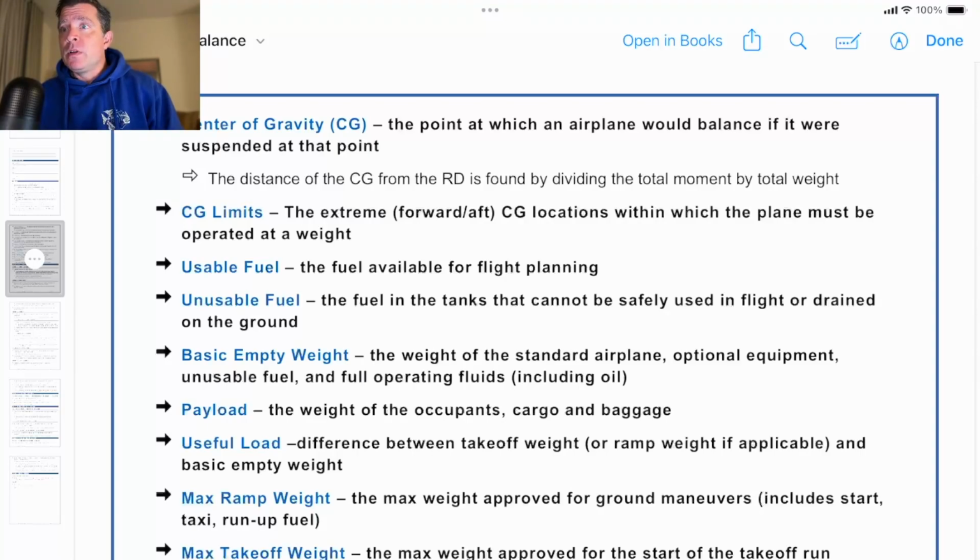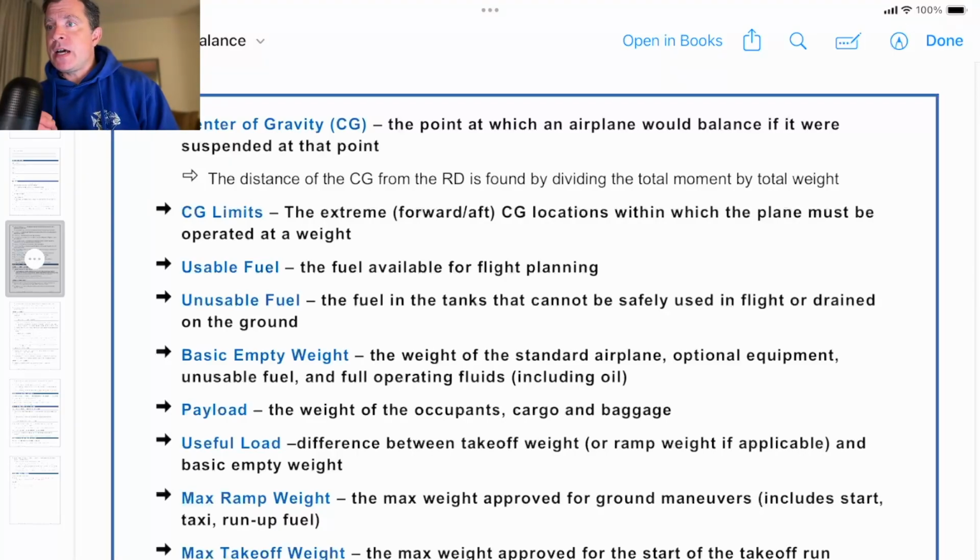Usable fuel is the fuel available for flight planning. Unusable fuel is the fuel in the tanks that cannot be safely used in flight or drained on the ground. Remember these key terms, you will need them. Basic empty weight is the weight of the standard airplane, optional equipment, unusable fuel, and full operating fluids, including oil.